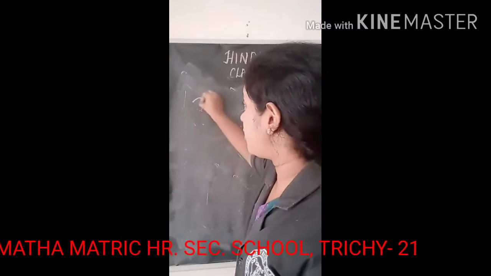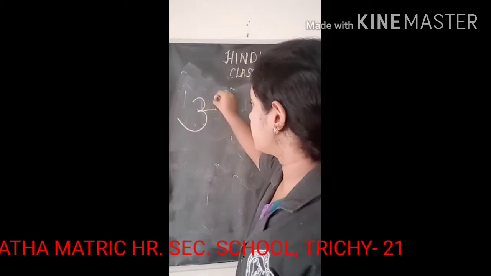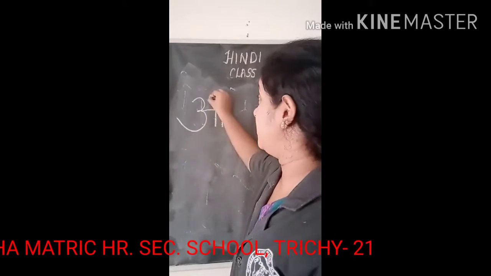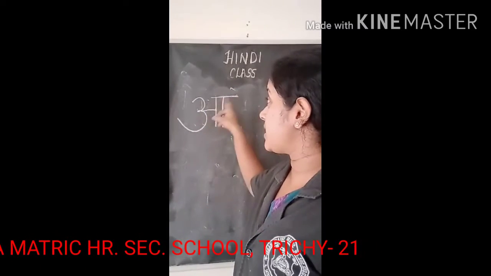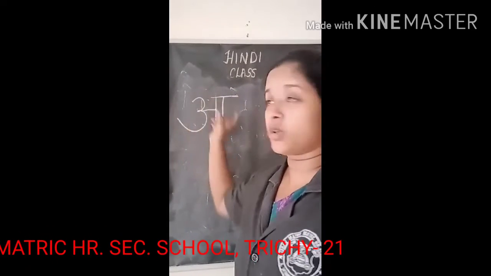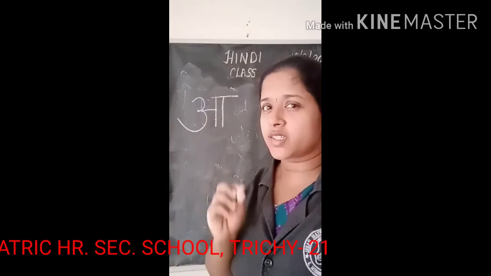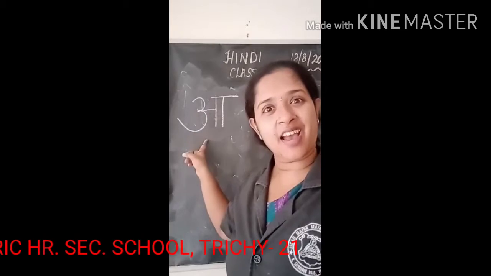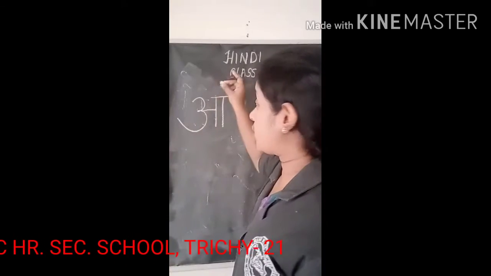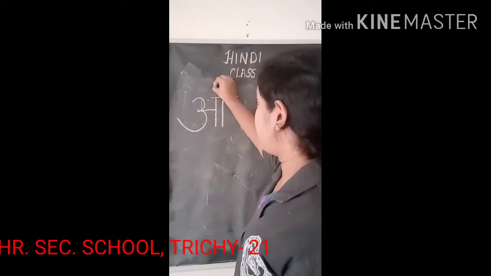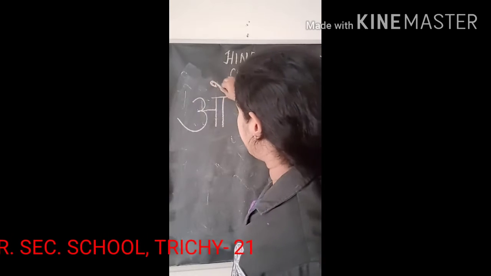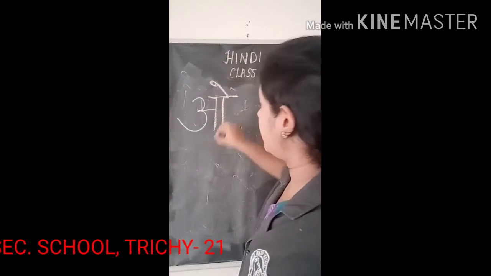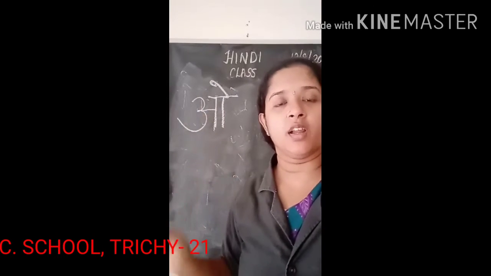This is A, right? By using this sleeping line, it fully looks like A only. But one small change makes the A into O. As we use in I, that same symbol will come here. So this is the swar O.